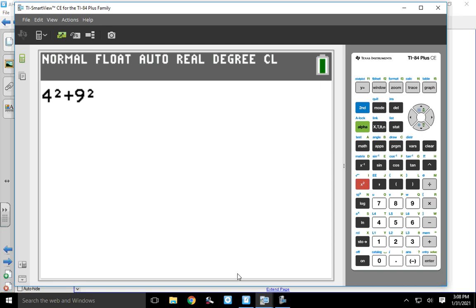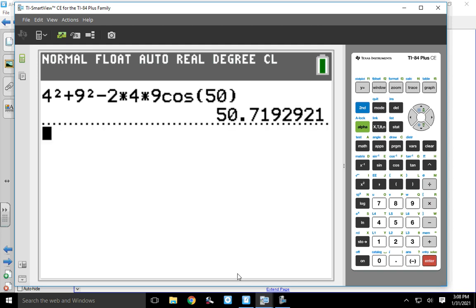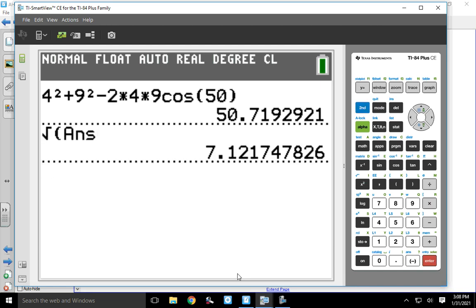And we're subtracting off the 2 times 4 times 9 times the cosine of the angle that we just found in between them, which was the 50 degrees. Now again, this finds the magnitude of that vector squared, so let's take the square root of that. And we end up with 7.122, I guess, if we round that. Let me grab a screenshot of that.